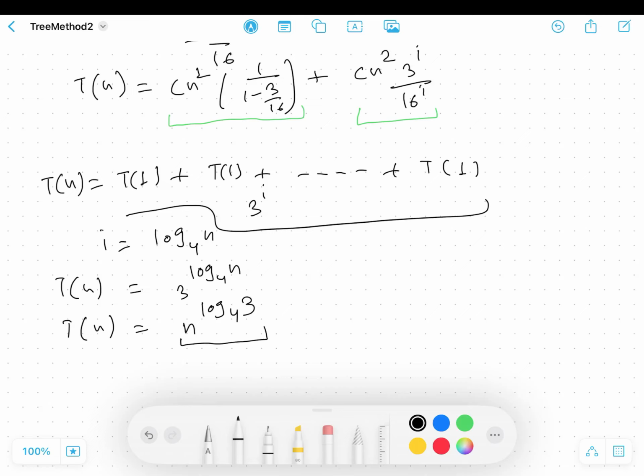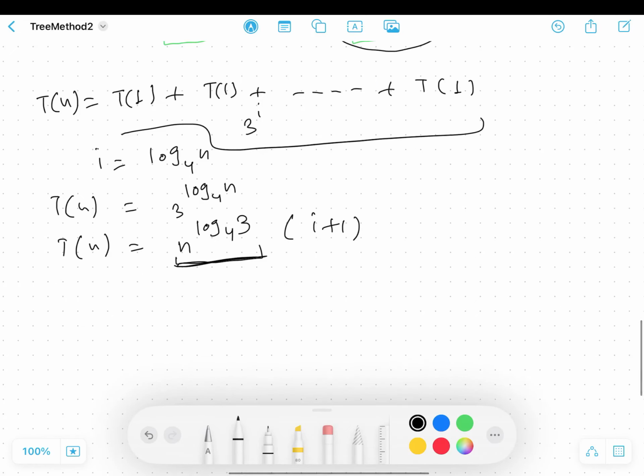So if we put this instead of this, which means at the I plus 1th level, we are doing this much work.